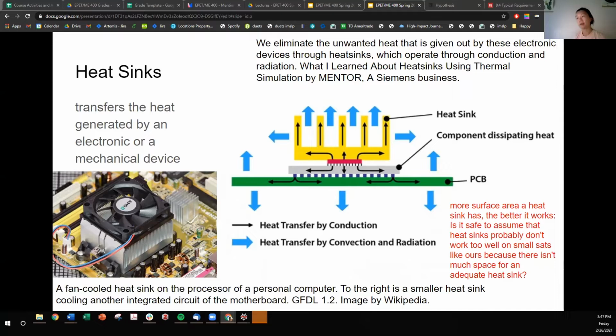We see a lot of these on ground, on electronics, mounted against CPUs or other really powerful electronics that need to be cooled. So we see them typically paired with fans, with the use of convective forces.